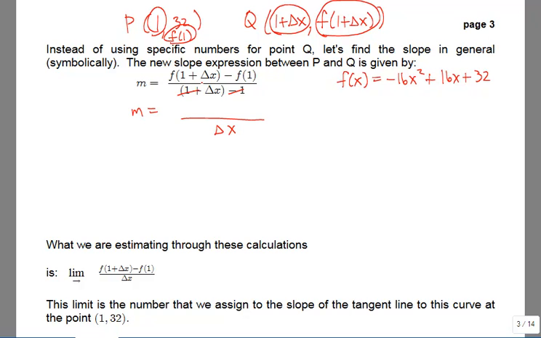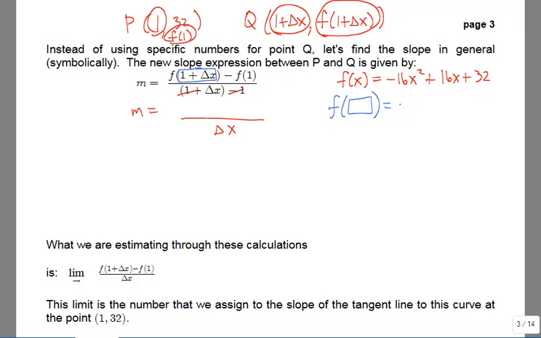Now in the numerator, we're going to do this symbolically. We're not going to have an actual number to plug in for x. Instead, what I want to plug in is this whole expression, 1 plus delta x. You want to think of this as really the function f of stuff.